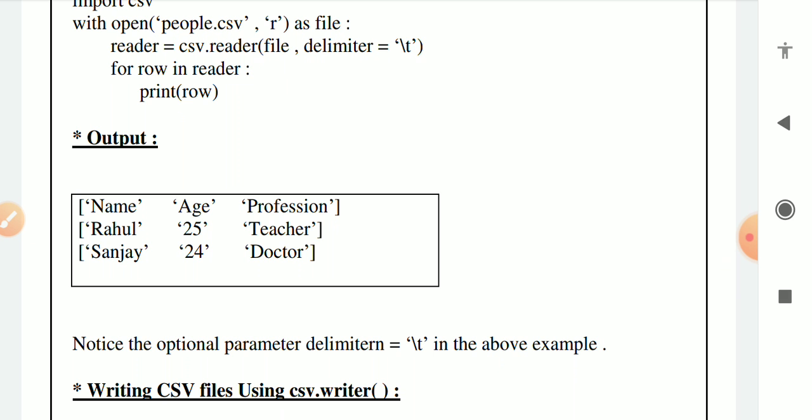The advantage of using a with statement is that it is guaranteed to close the file no matter how the nested block exits, even if an exception or runtime error occurs before the end of the block. Whenever we are using a with statement, there is no need to use the close function, because it will automatically close the file.